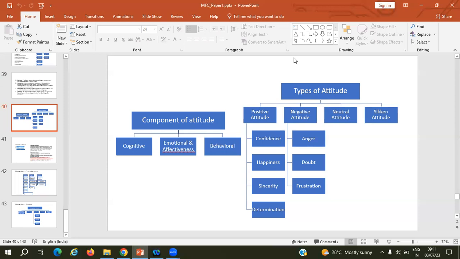Emotional, affectiveness, anything coming from your emotion. Suppose you are going on a long journey. You are watching outside from the train, from a bus. There are a lot of things going in front of you. You are capturing very few, whatever you like.